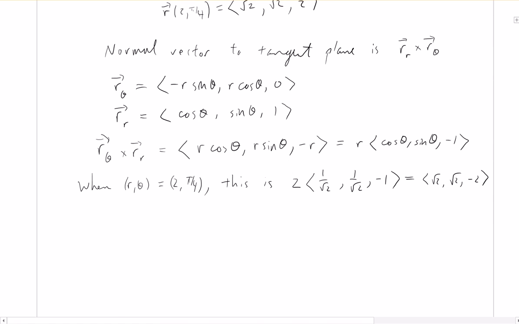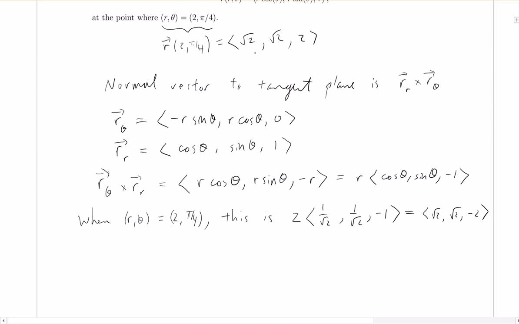So now we just need to recall the equation for a plane. We have the normal vector to the plane right here, and a point on the plane above.